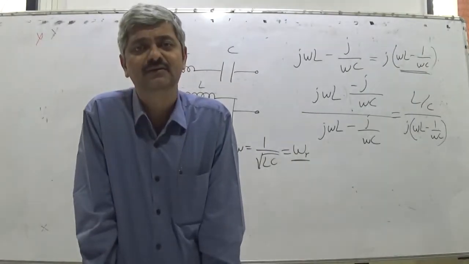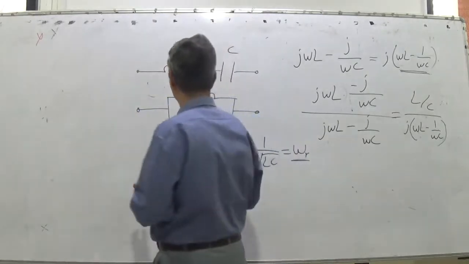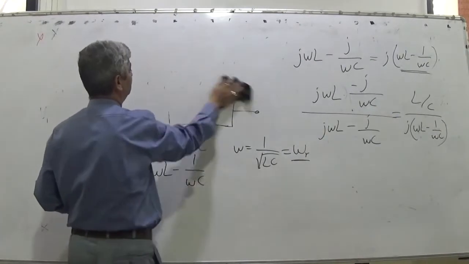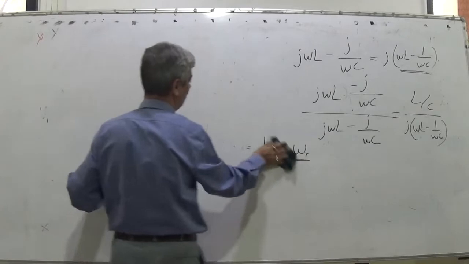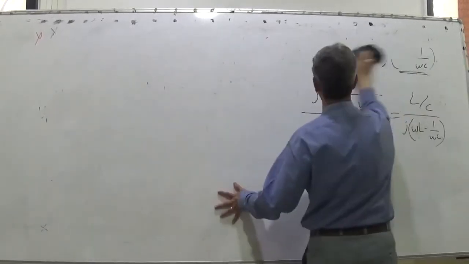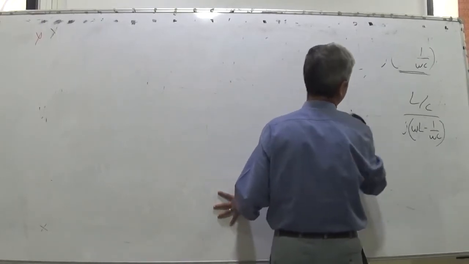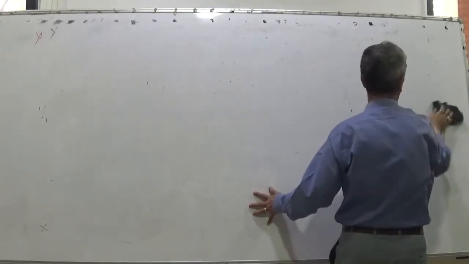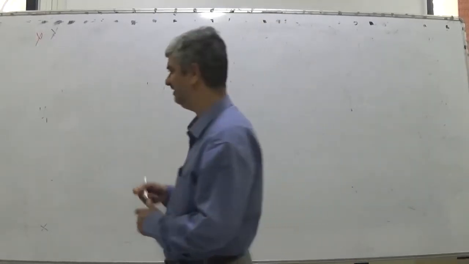Then there are some graphs which are also very easy. Now, if you add resistance, what will happen? If you add resistance in series with L and C and treat it as an RLC circuit, it is very simple.